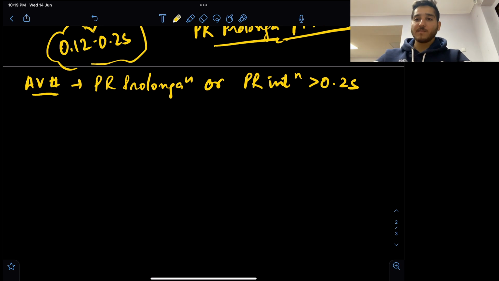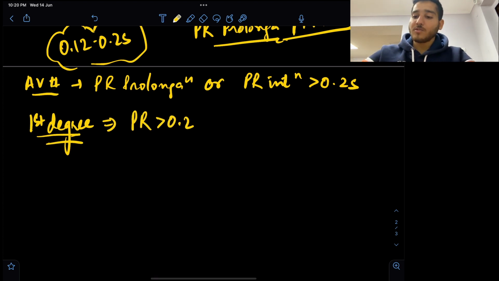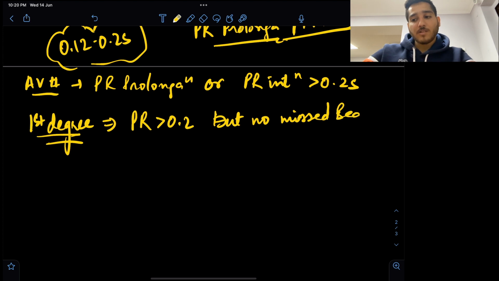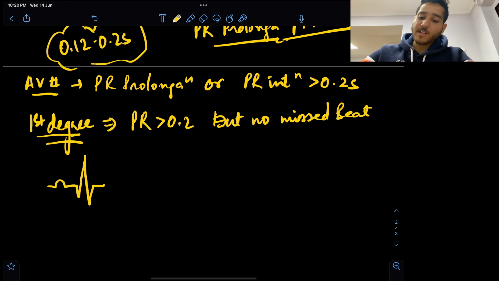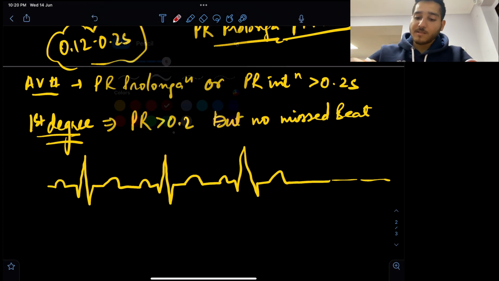So, in first degree AV block there's PR more than 0.2 but no missed beat. There's increased PR interval, right? This P, Q, R, S, T, again P, Q, R, S, T, like this. So there's PR increased.